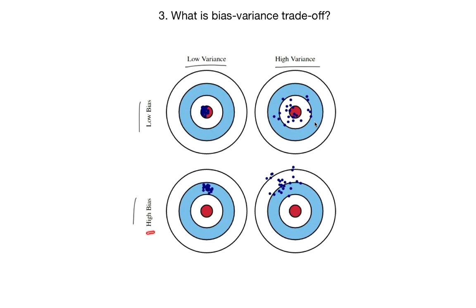But if you have a high bias and a low variance, in this case you see here the bias is high, but the variance is low. In the final predicted values, all the values are almost nearby.